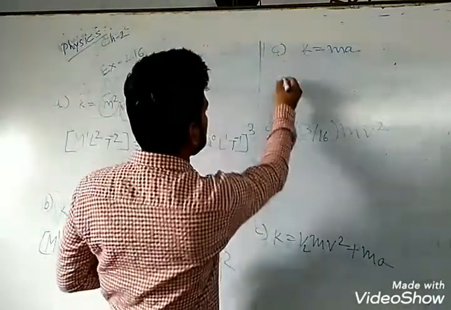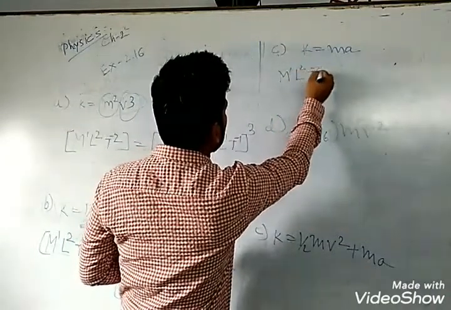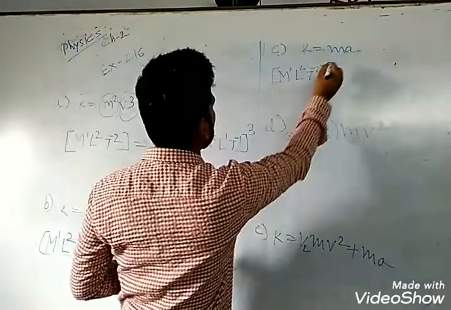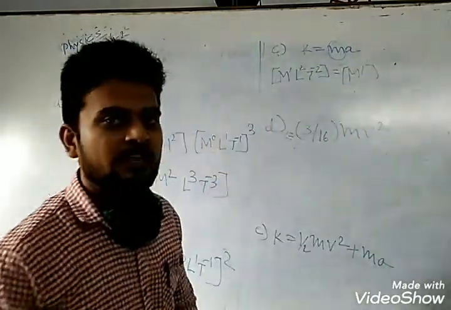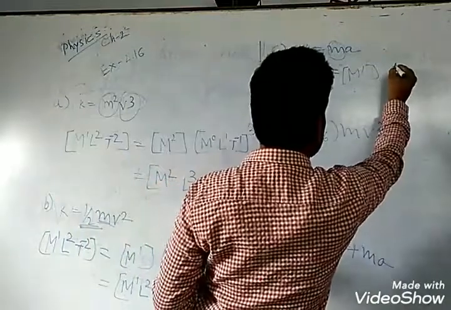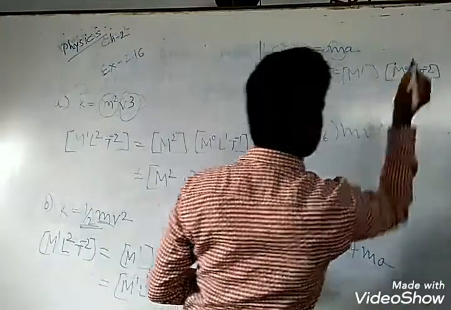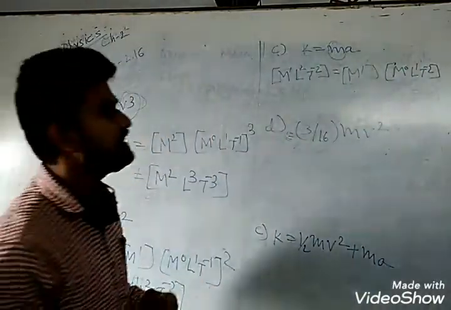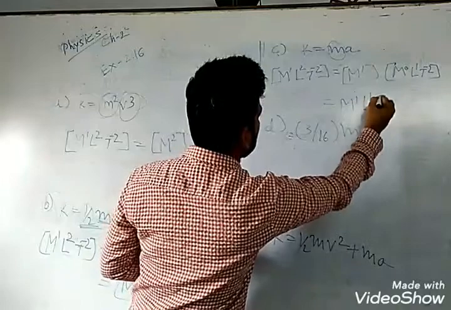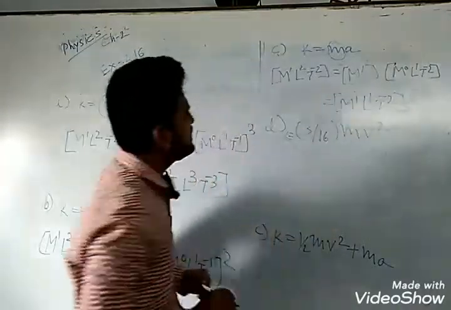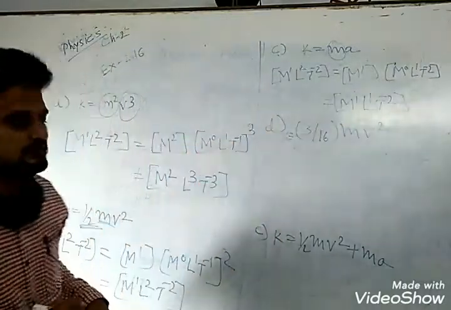Now the third one is M¹L²T⁻² equal to m, M¹, and for acceleration M⁰L¹T⁻². The final answer is M¹L¹T⁻². Here again left hand side is not equal to right hand side.